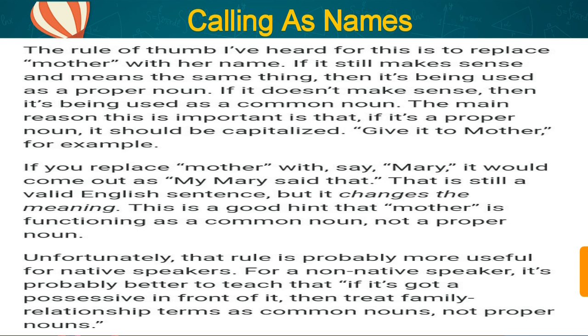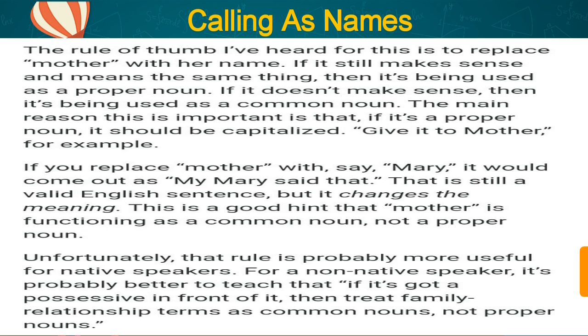The main reason this is important is that if it is a proper noun, it should be capitalized. Give it to Mother. For example, if you replace the word Mother with the name, like give it to Mary, then definitely it would have the same sense of sentence, but it will change the meaning.